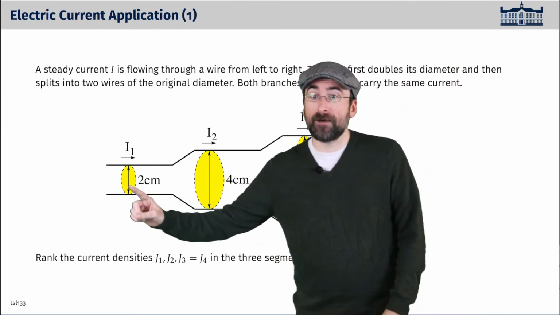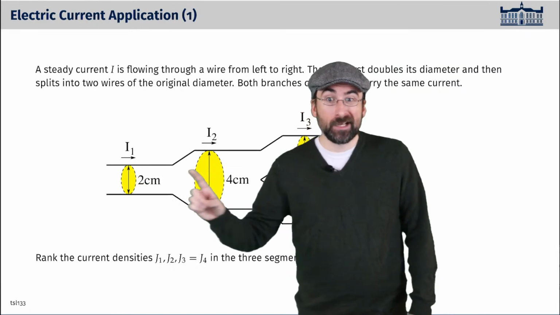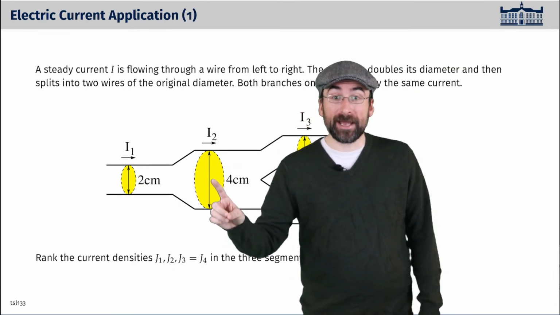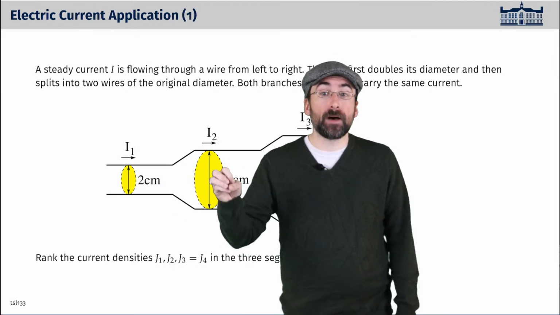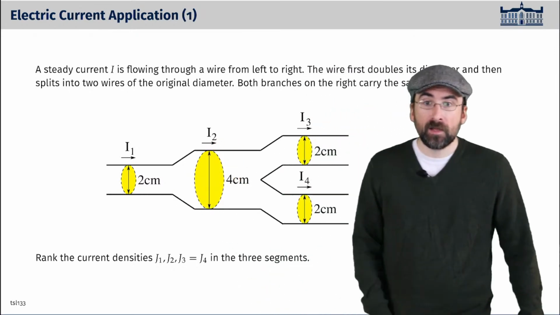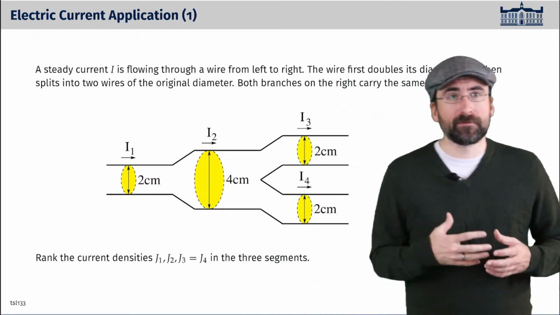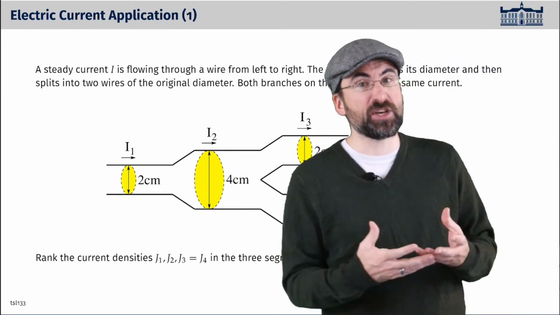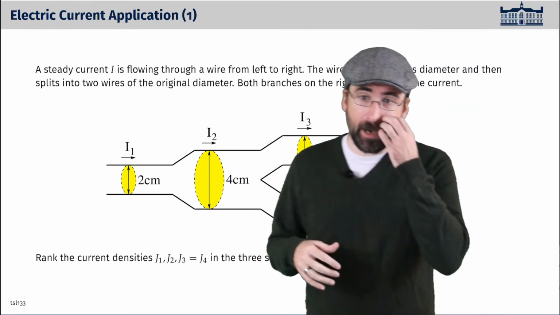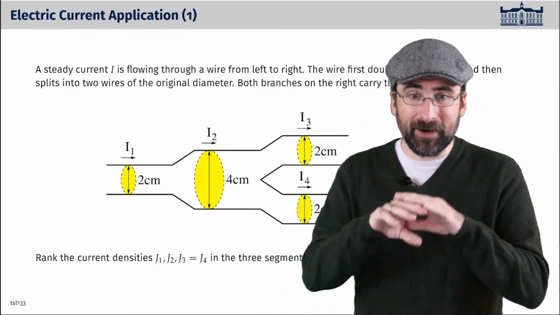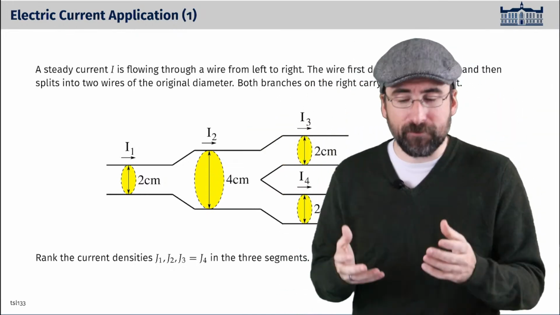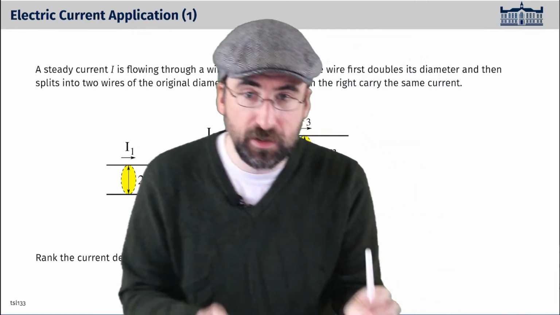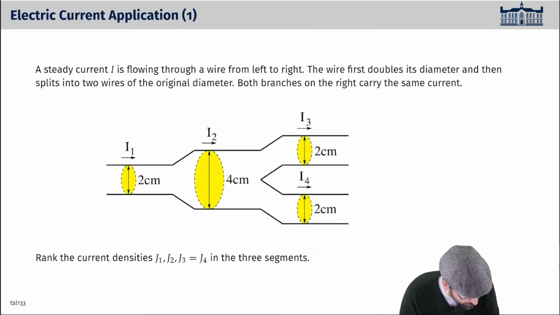So if I start off with 1 gallon per minute, I'm still going to have 1 gallon per minute here, even though the pipe is wider. And so this represents a sort of continuity condition or a conservation relationship for the amount of charge. The current is always going to be the same everywhere in a single contiguous wire.